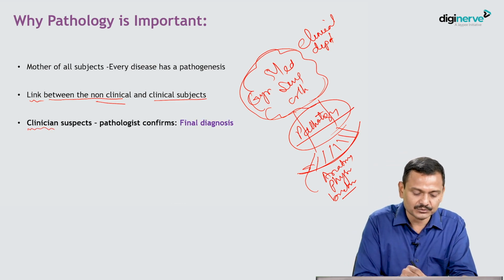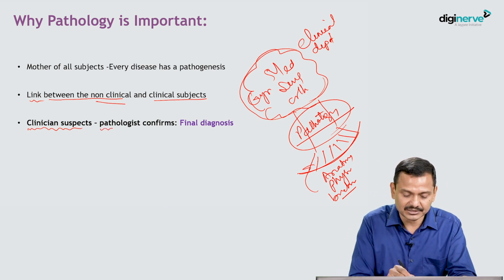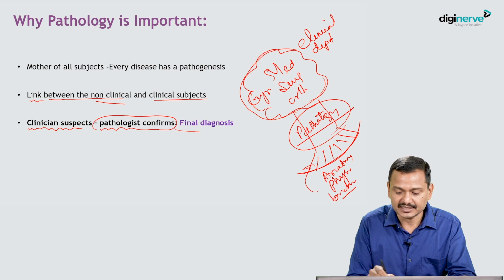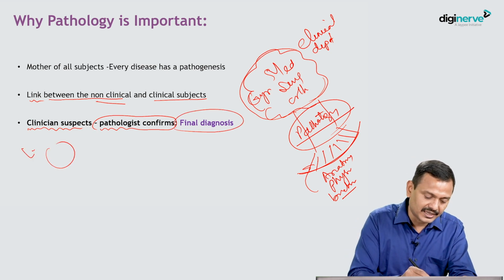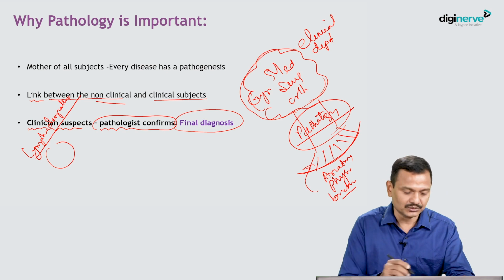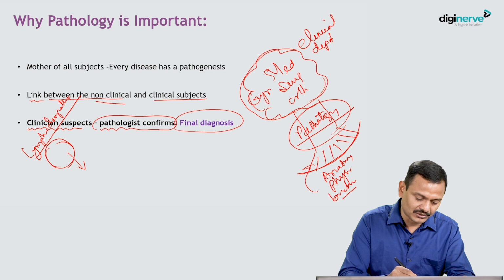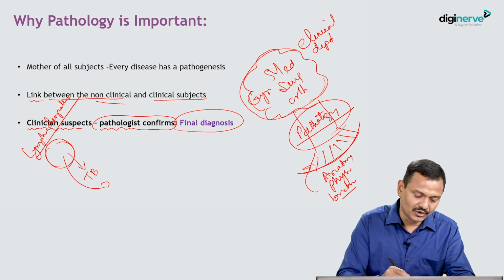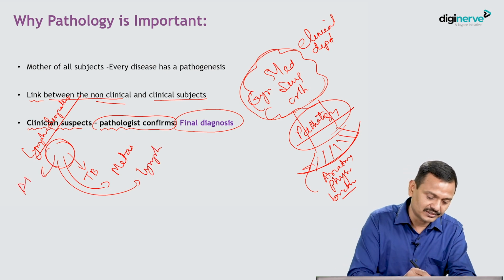Now one more thing that I would like to say is, clinicians suspect, and it is the pathologist who confirms and gives the final diagnosis. Suppose there is a lymphadenopathy, any patient having a lymphadenopathy. The clinician can only know that there is a lymphadenopathy. The clinician cannot know whether it is because of tuberculosis, or metastasis, or lymphoma, or just an autoimmune disorder.